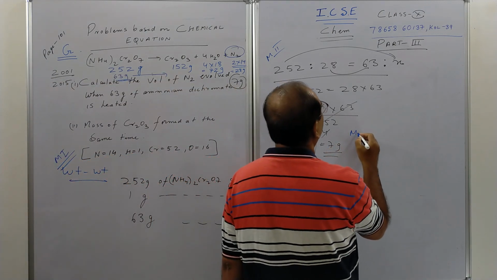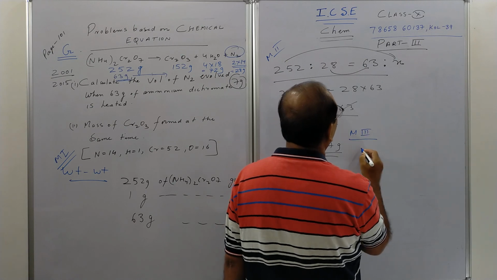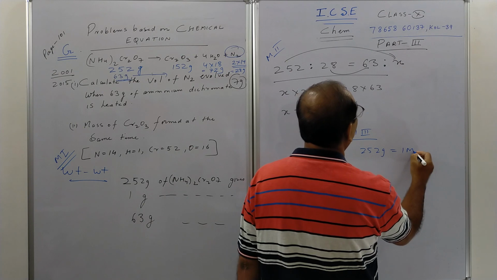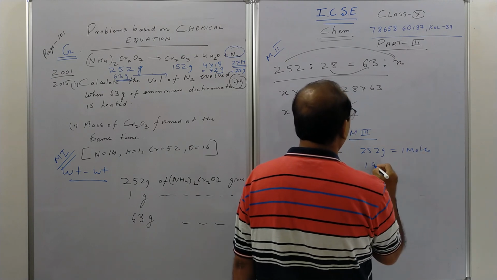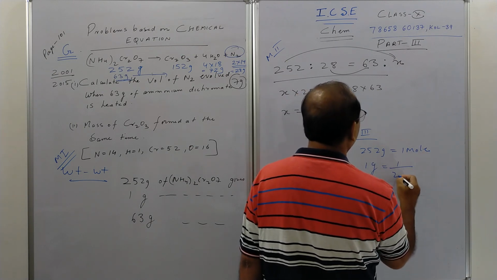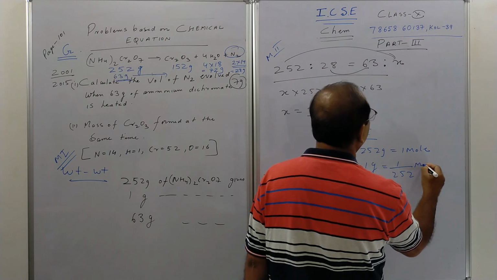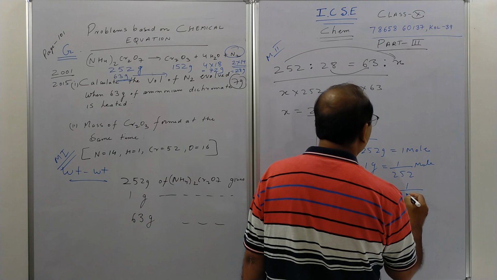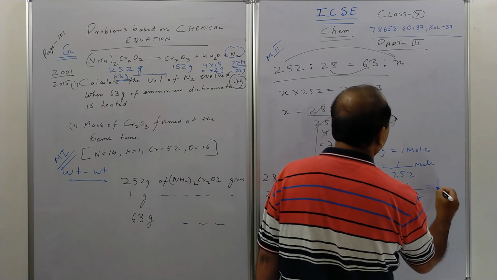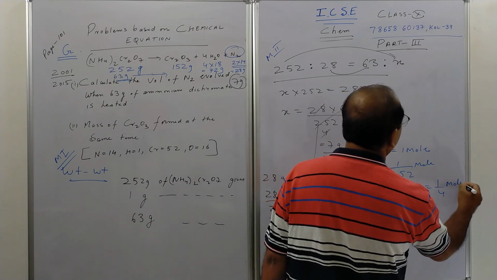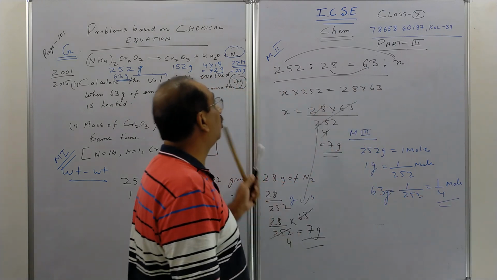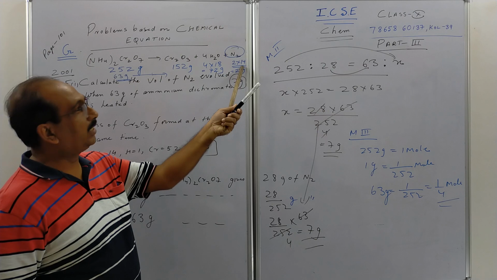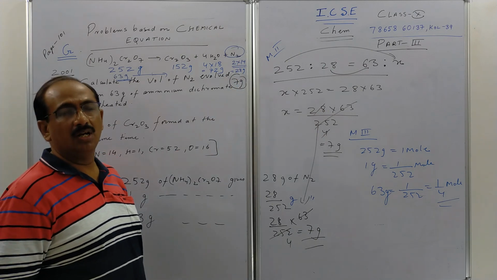If you do, see here, children, 252 gram is equal to 1 mole. 1 gram is 1 by 252 mole. So 63 gram of ammonium dichromate is 1/4 of mole. Okay, so 1 mole gives 1 mole here of nitrogen. 1 mole of nitrogen is 28 gram.